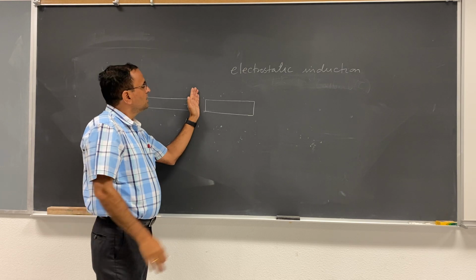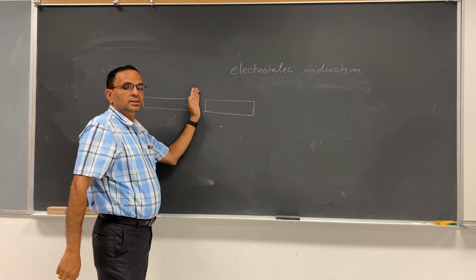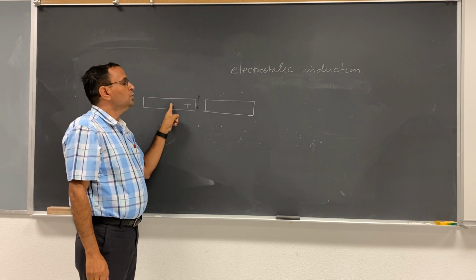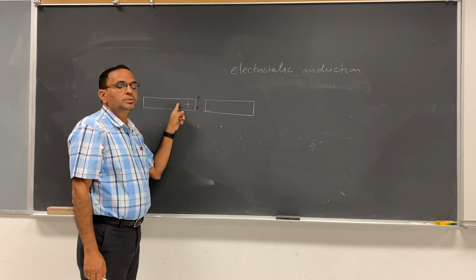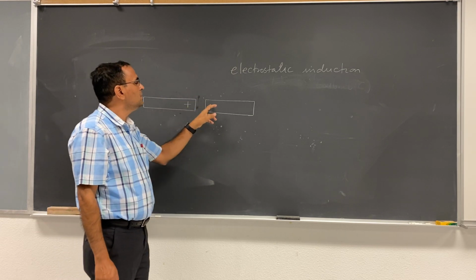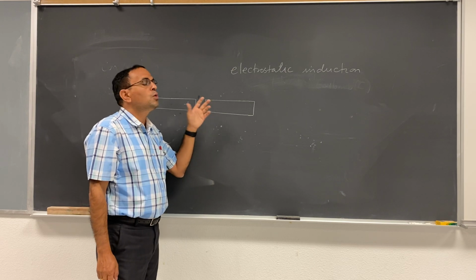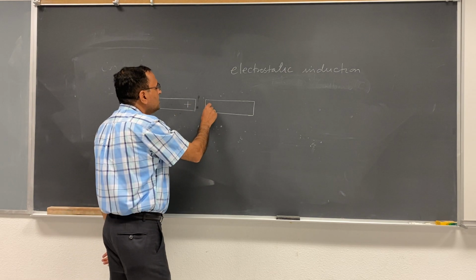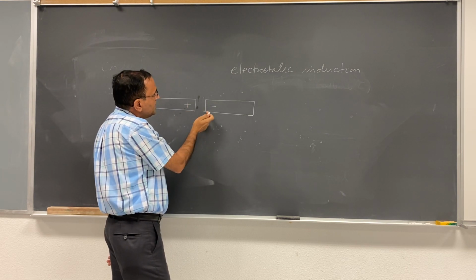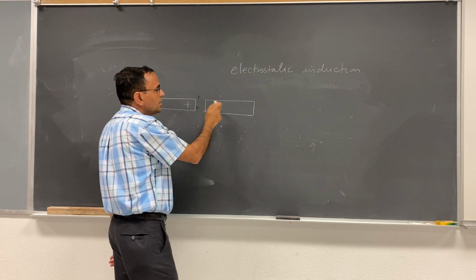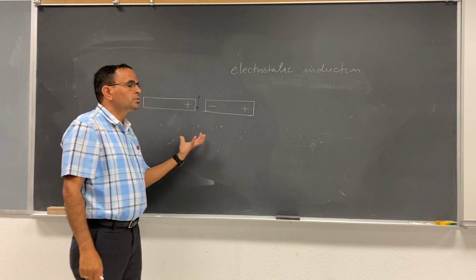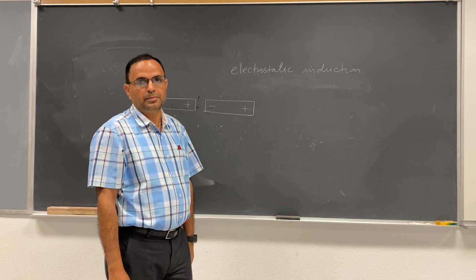You have a neutral rod. You bring this positively charged rod close to the neutral rod. Now what happens here is that negative charge develops at the closer end, and positive charge develops at the far end. So you produce charge without touching.